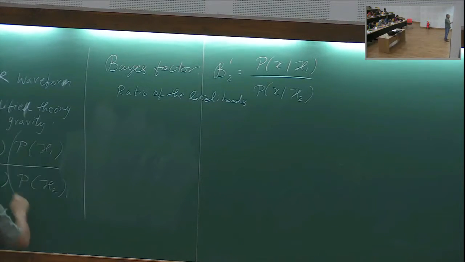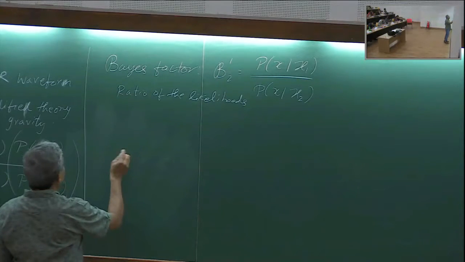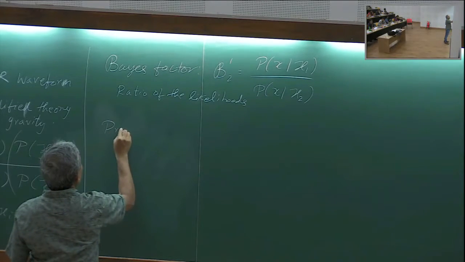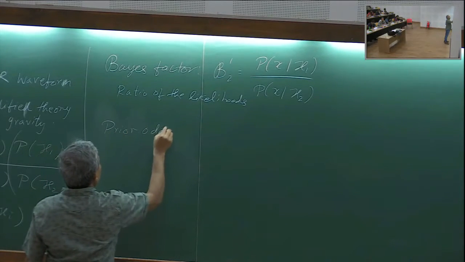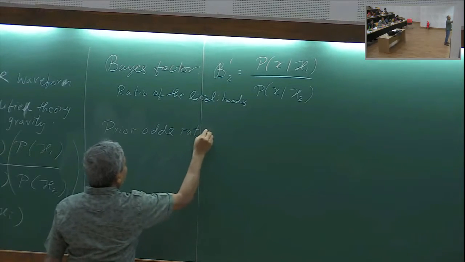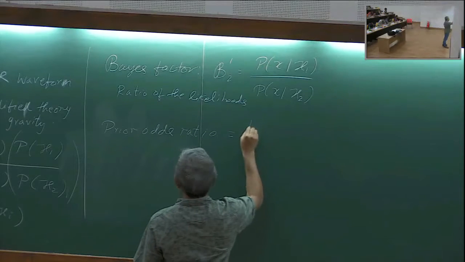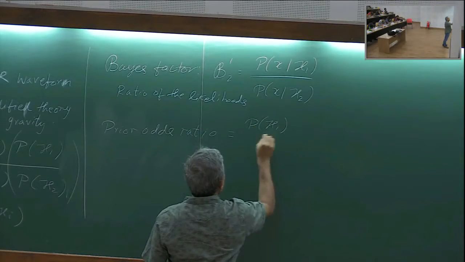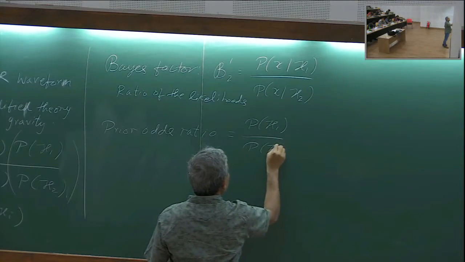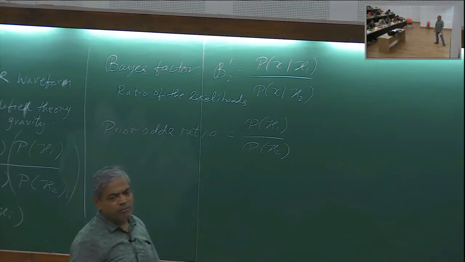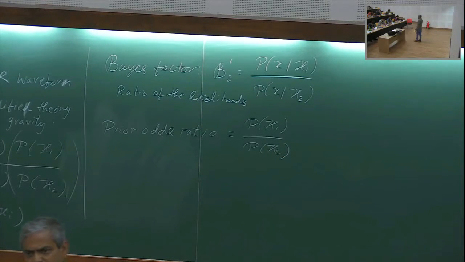Because this final factor, which is called the prior odds ratio, P of H1 divided by P of H2, is often subject to biases. It depends on what we think is the correct theory.